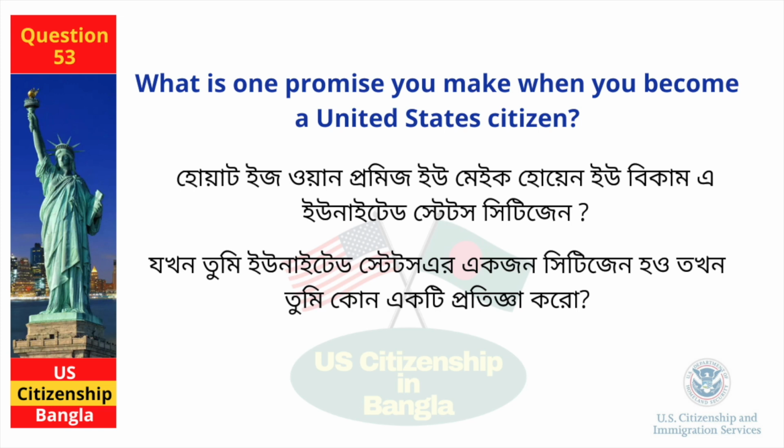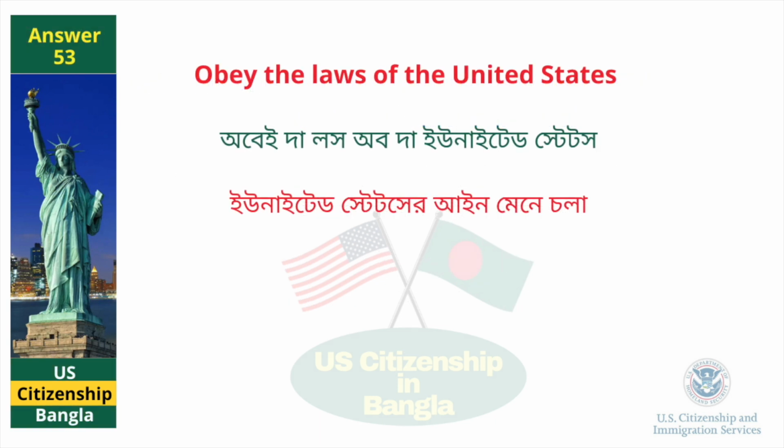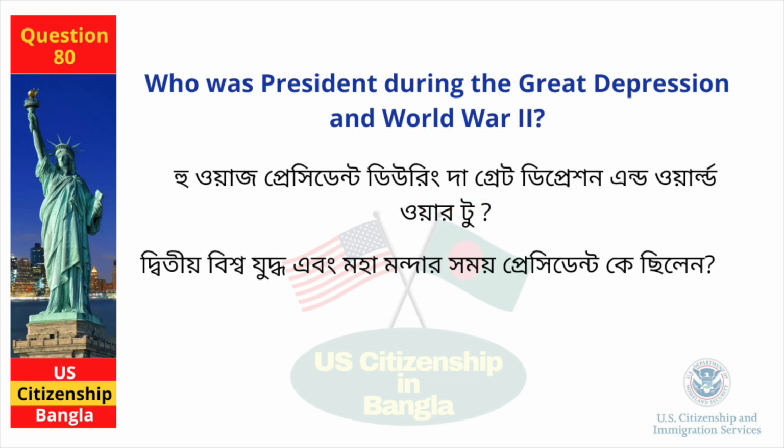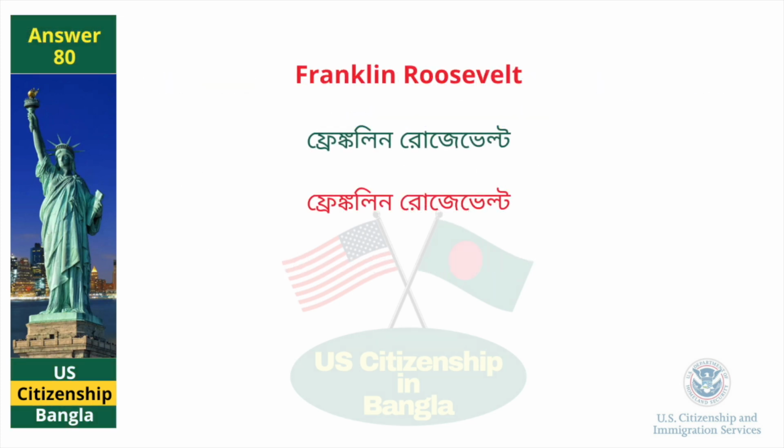What is one promise you make when you become a United States citizen? Obey the laws of the United States. Who was president during the Great Depression and World War II? Franklin Roosevelt.